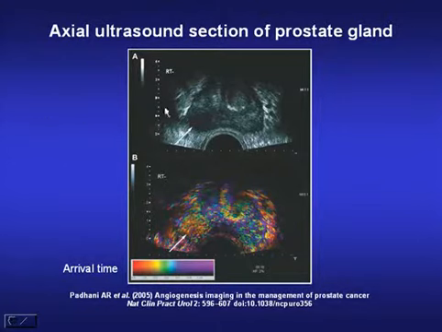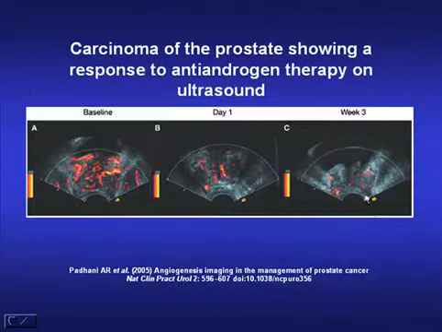And we can plot different parameters such as arrival time of contrast in various points of tissue, and draw maps of the prostate, here showing that in this obvious small prostate cancer, we can see an early arrival time of contrast in the bulk of the tumour compared to the rest of the prostate.